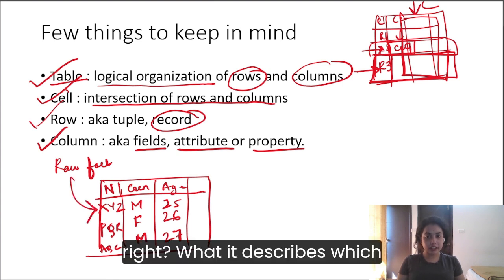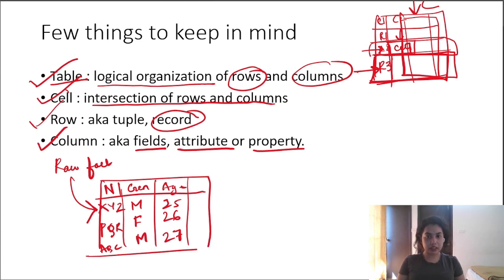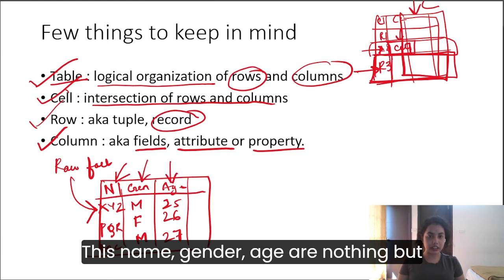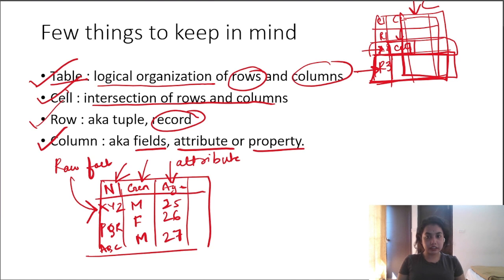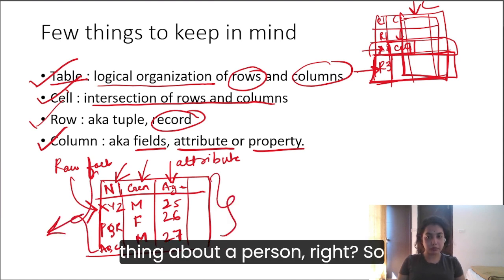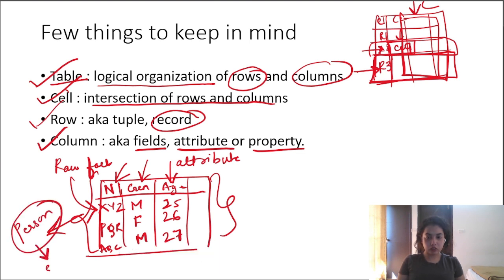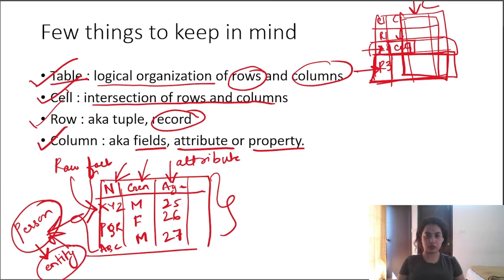What it describes: name, gender, age are nothing but the attributes, which are columns. The whole data describes a thing about a person. So in our case, the entity is a person.